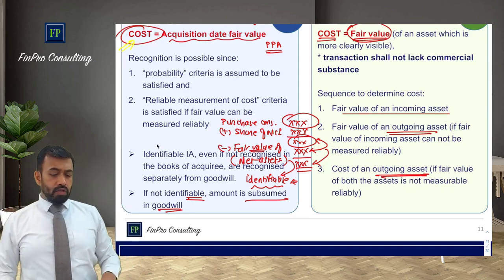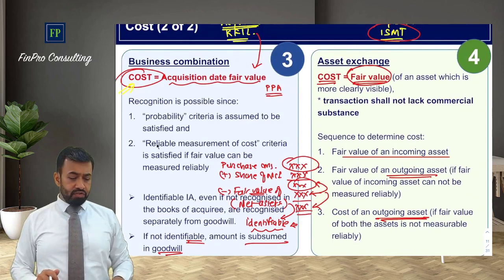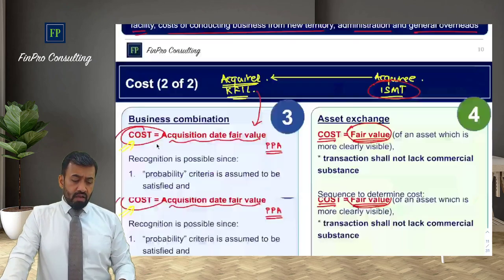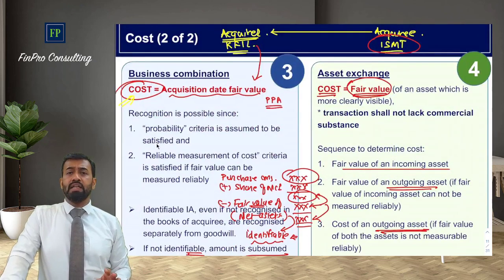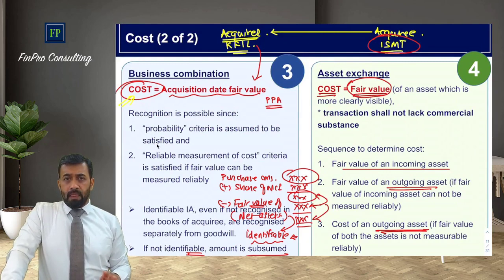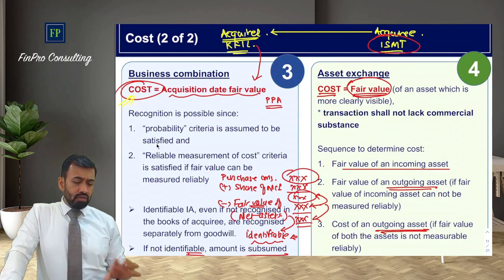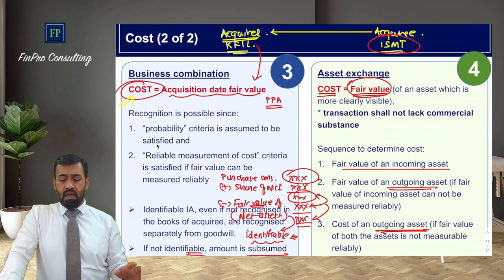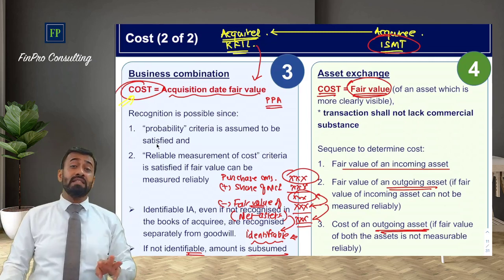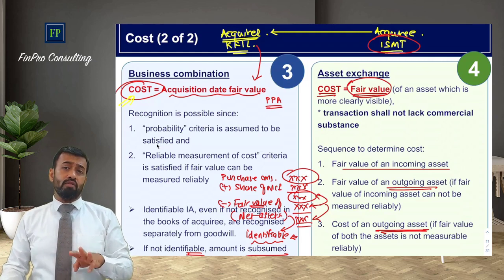Alright. So this is about the asset exchange. So we had seen external acquisition, we had seen self-constructed, we had seen business combination and asset exchange. All this may be part of your questions. So this is the most important concept of initial measurement, believe me. You have to have mastery on recognition and initial measurement as well as the subsequent measurement.